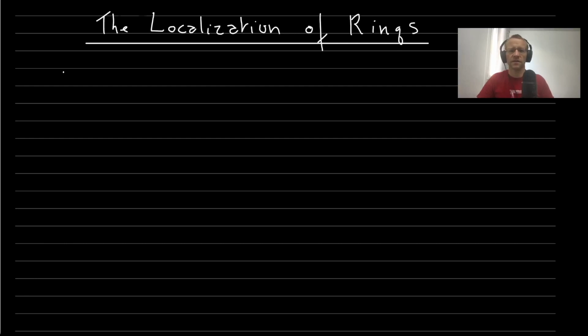Today I'd like to discuss the localization of rings, that is, introduce fractions for general rings. So suppose we start out with the commutative ring R. And we choose a subset of R which is multiplicatively closed.